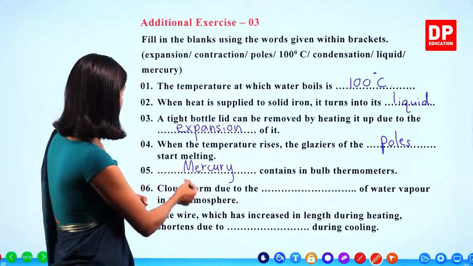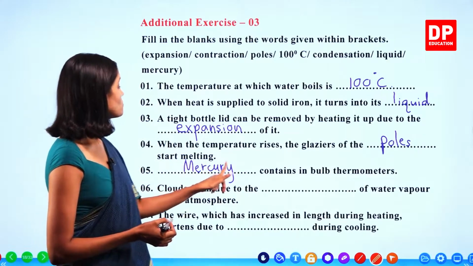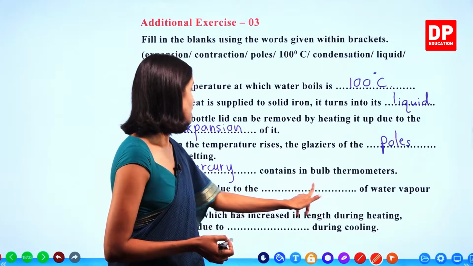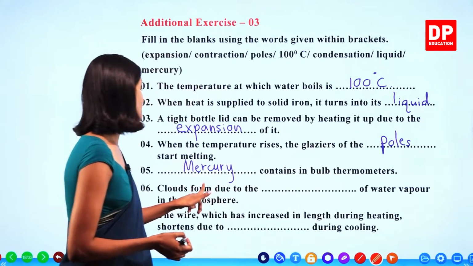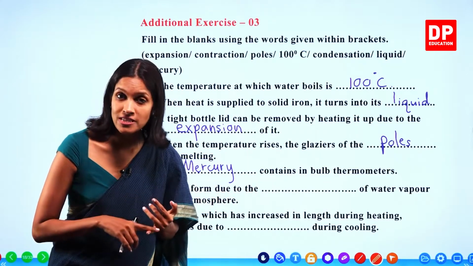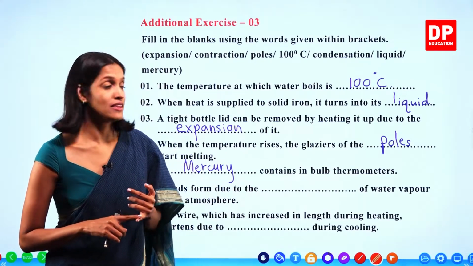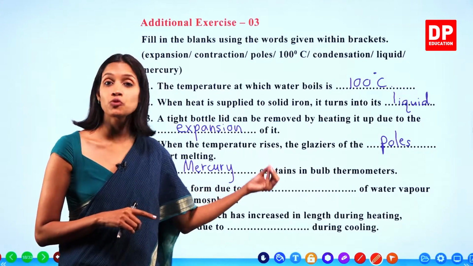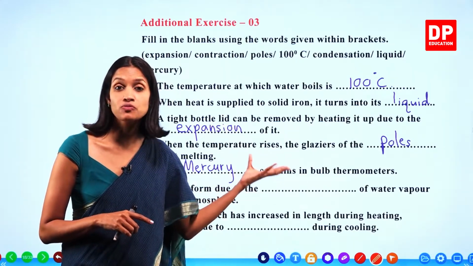Right. Next one. Clouds form due to the blank of water vapor in the atmosphere. Do you remember I explained you all about the water cycle? There I explained that in the atmosphere there is water vapor, which means the gaseous water.